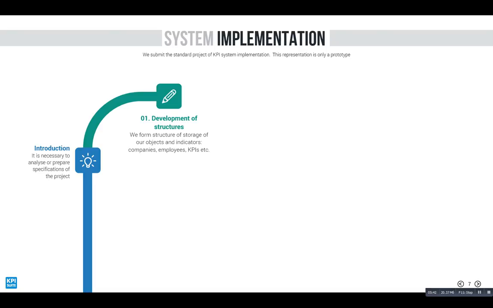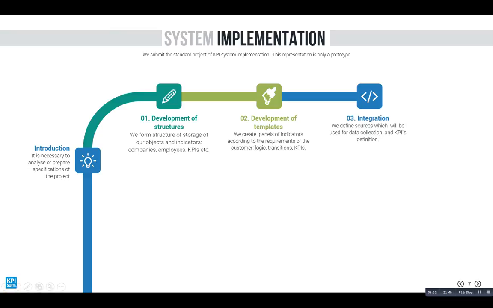If everything works well, we connect the dashboards, making nice-looking interfaces, not only for reading data but also for entering it. Then integration: connecting our sources to see what information we take manually and what we can take from the ERP system, to avoid double entering of data. Testing: based on the tests from the first stage, we put data into the system, recalculate, and check whether the result is what we need.